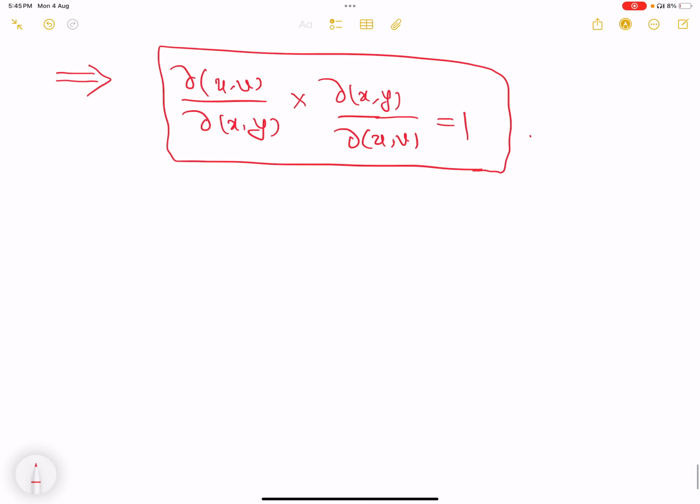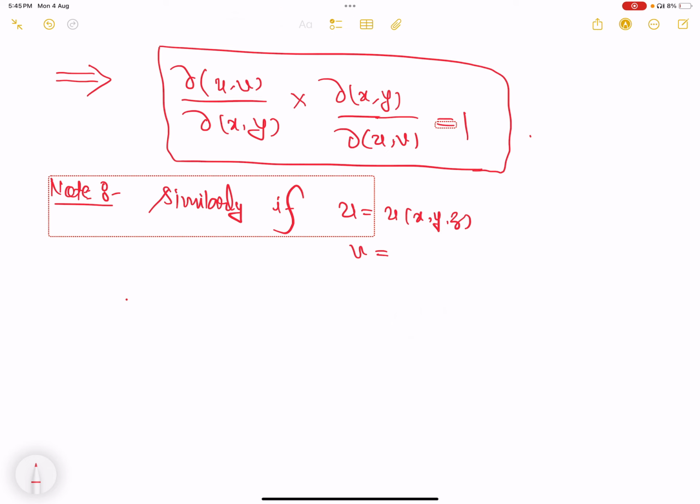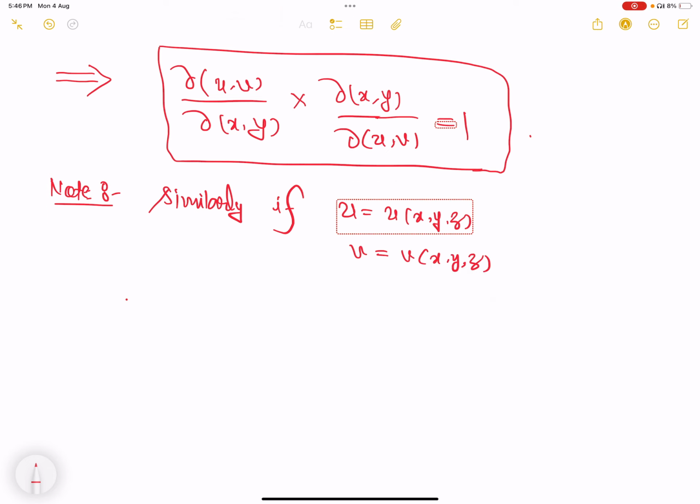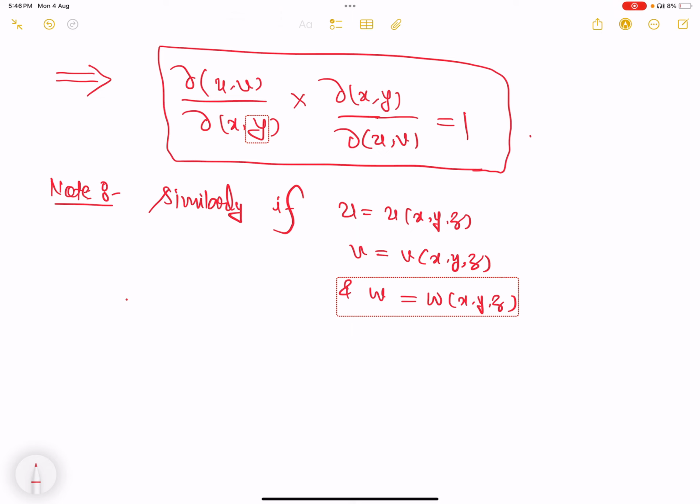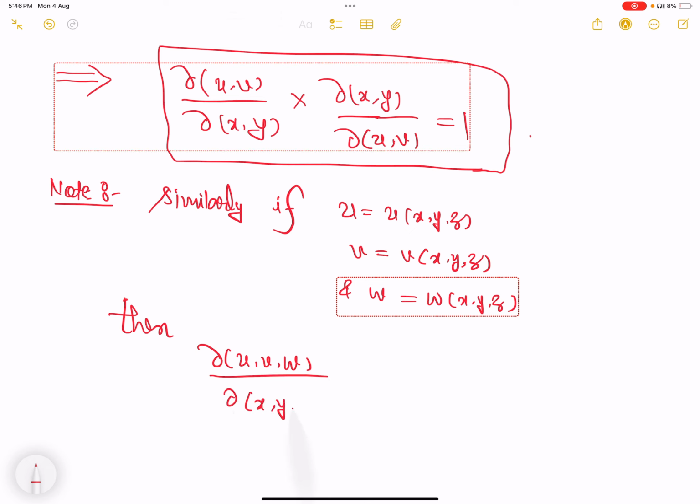Similarly, if u is a function of x, y, z, v is a function of x, y, z, and w is a function of x, y, z, then the Jacobian of u, v, w with respect to x, y, z multiplied by the Jacobian of x, y, z with respect to u, v, w is also 1.